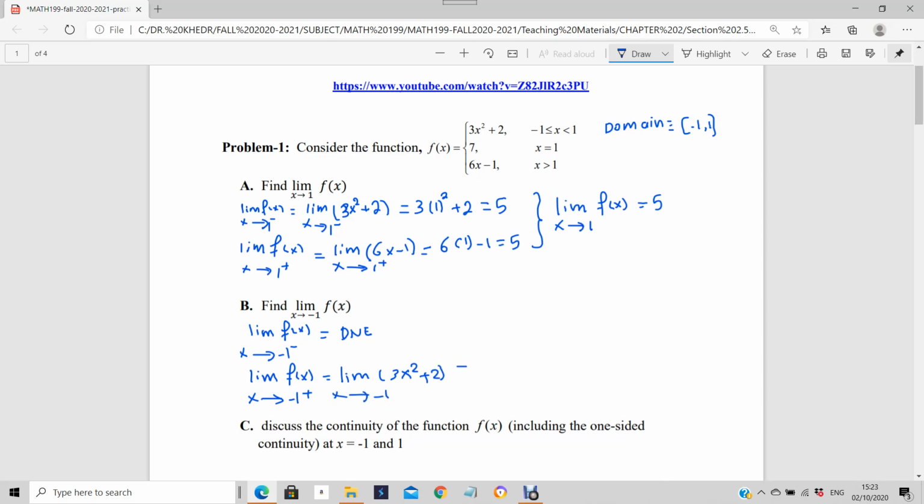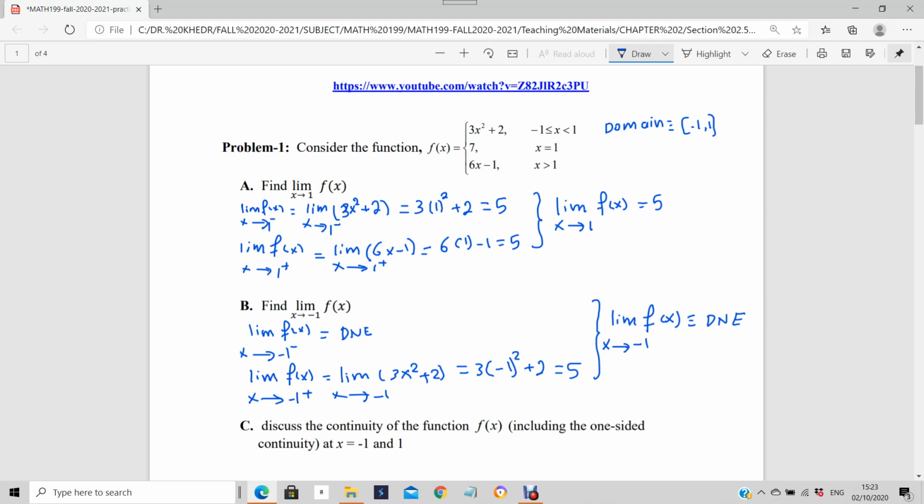Now you substitute x by minus 1. This will give us 3 plus 2, that is 5. But here the left side limit does not exist, the right side limit exists and is equal to 5, so the limit of the function at this point does not exist because the two one-sided limits are not equivalent. So we'll say does not exist. Okay, the end.